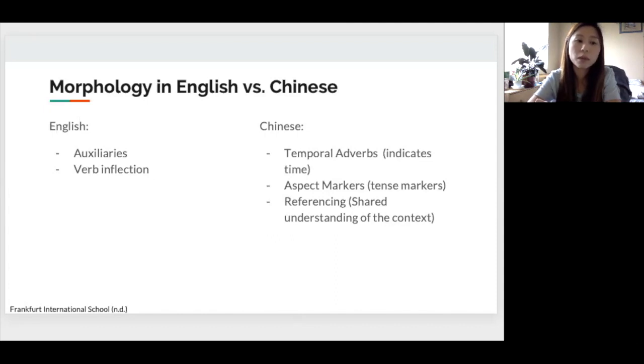We also use aspect markers to mark tenses in sentences, which we will talk about in the coming slides. Chinese languages adopt high context communication, which means that it is expected the listener and the communicator to have mutual understanding of the context. So some of the morphology can be omitted if referential clarity is established in the conversation.